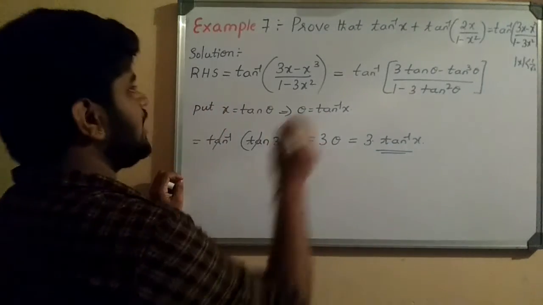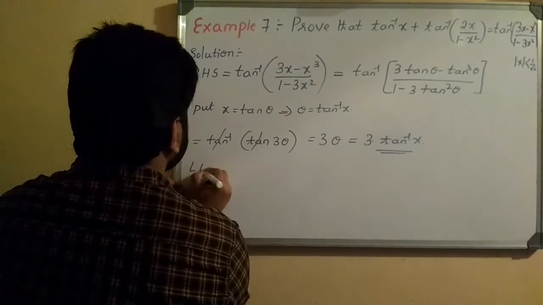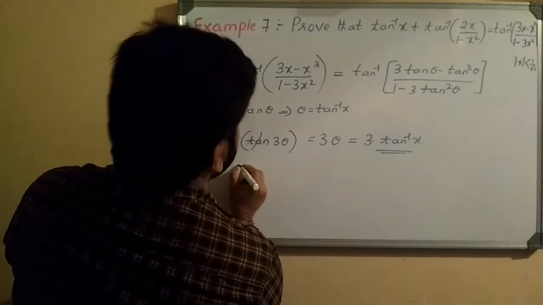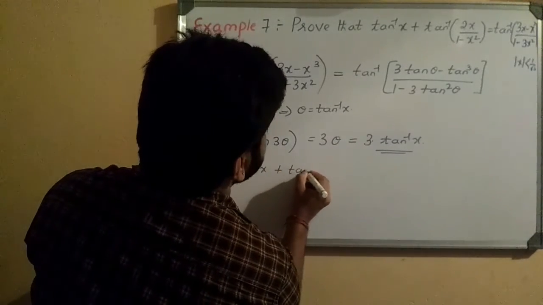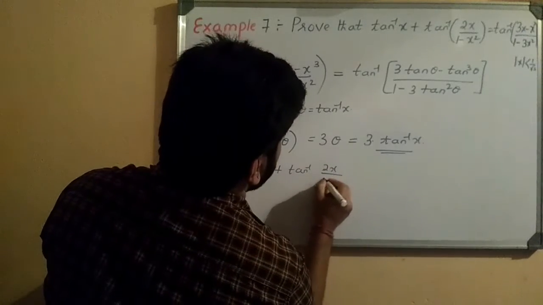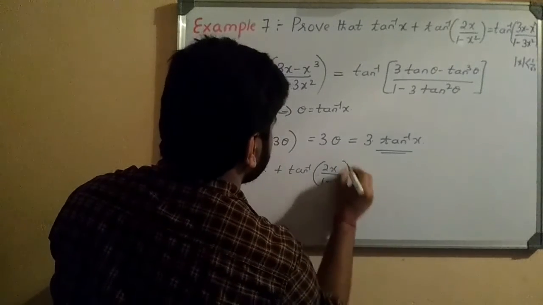So now you consider LHS, that is tan inverse x plus tan inverse of 2x by 1 minus x square.